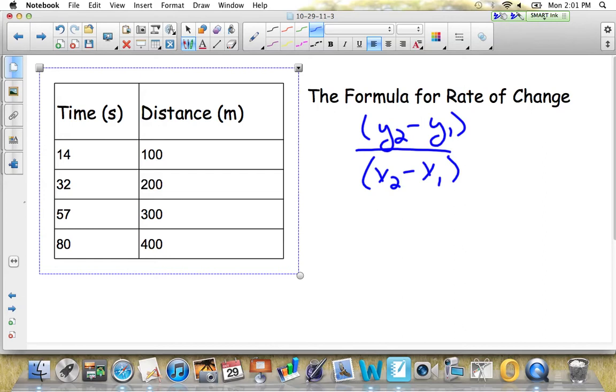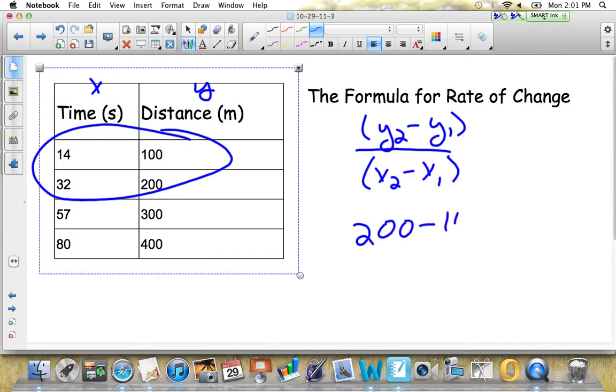Let's say I'm trying to compare, I want to find my rate of change here. So remember, these are x values, these are y values. So I would take 200, my second y value, minus 100, the first y value in my sequence, and divide it by my second x value minus my first x value.